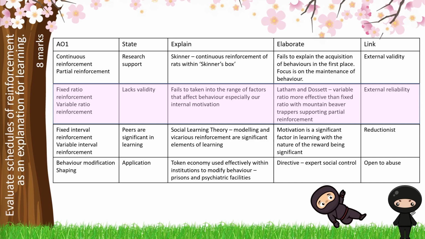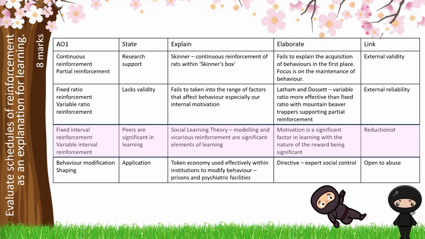We're going to counter this here with a key piece of research from Latham and Dossett. They used mountain beaver trappers, and this supported that a variable ratio was more effective than a fixed ratio. Then we're going to move through saying that there's external reliability for this, there are consistency in the findings, and we've now got animal research and human research both saying that schedules of reinforcement are effective.